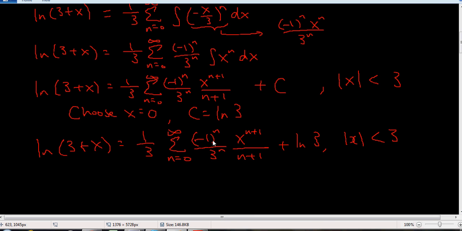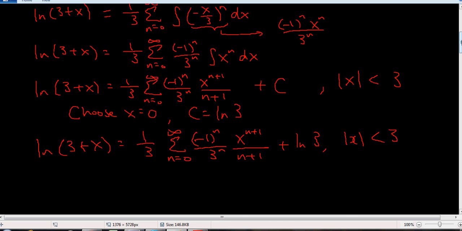That is your power series representation of ln of 3 plus x. You just find a derivative or an integral that looks a lot like 1 over 1 minus x, and then you do something with it to make it look like 1 over 1 minus x. Then you do the opposite process to get back to your original function.